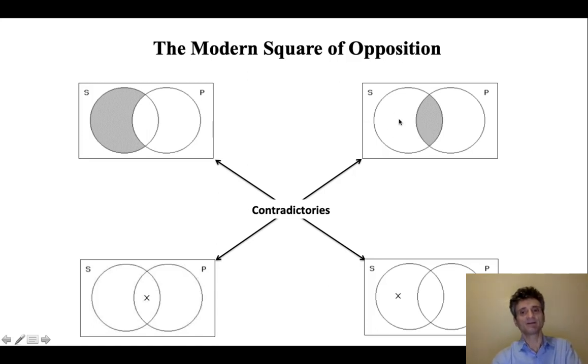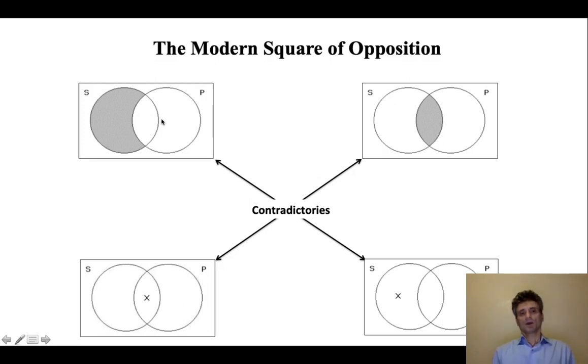And also inside here, inside S, the subject, shoplifters, they exist. But when I say that all shoplifters are prosecuted, I don't mean to commit myself to the existence of shoplifters. In fact, if they're all prosecuted, they should not be there. Okay? The existential assumption should not be there.